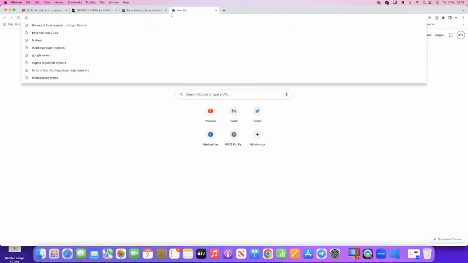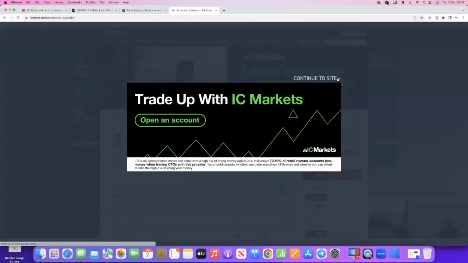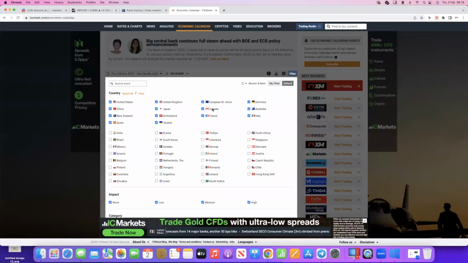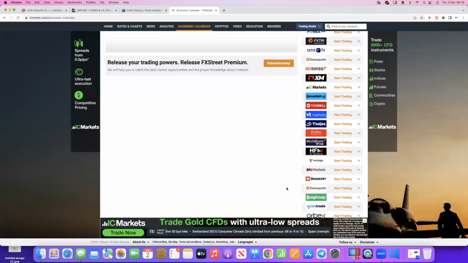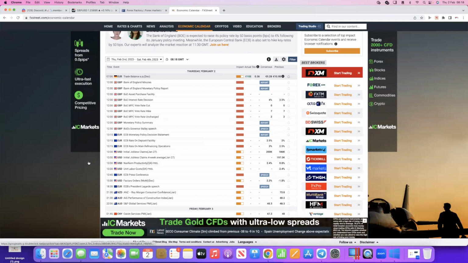If we just go on to FX Street, which is another one I tend to check, and go on to filter, let's filter out the low and keep the medium and the high. You can see on here that around midday is when we're expecting some volatility and volume in the market on the Great British Pound, and then again we may get some on the USD.